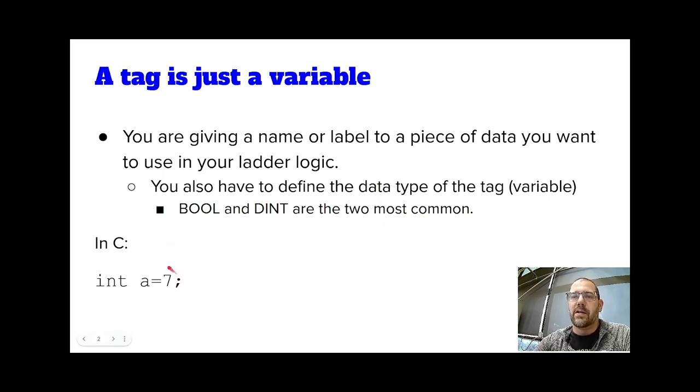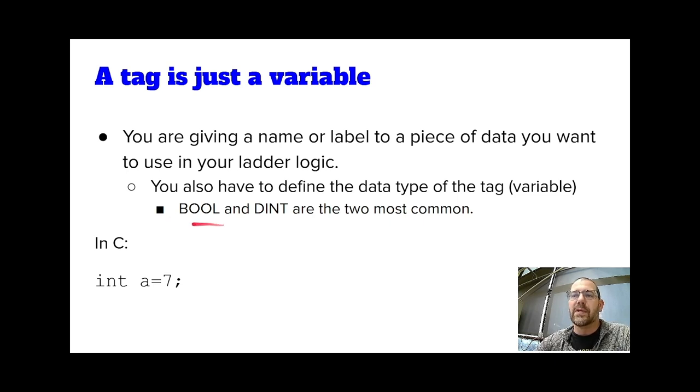Like I said, in C or some other language, we'd create a variable called A. We would give it a data type, in this case an integer, and we might also immediately assign a value to it. So when I create a variable in ladder logic, I have to give it a name, and then I have to tell the logic what its data type is.